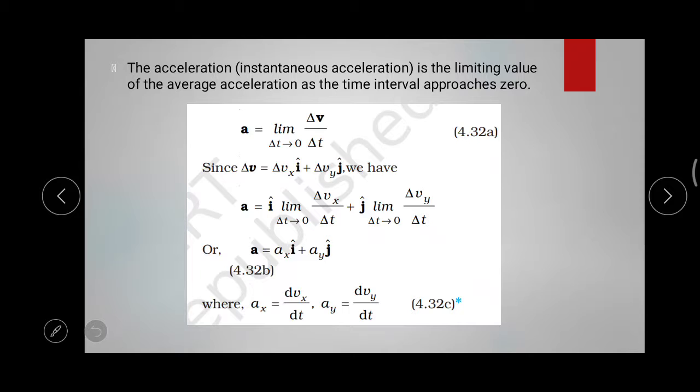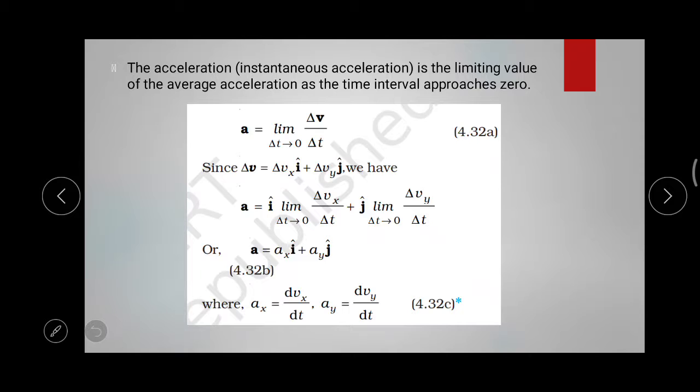We cannot apply the limit over i and j, and the remaining will be considered, and we will get the equation a equal to ax i cap plus ay j cap, where a is the instantaneous acceleration, and ax and ay are the two components of this vector a.